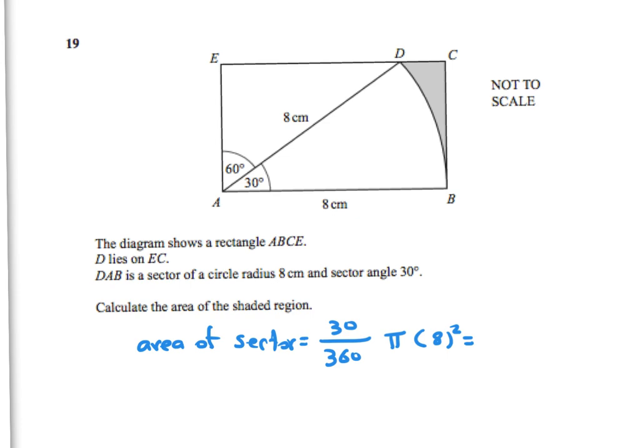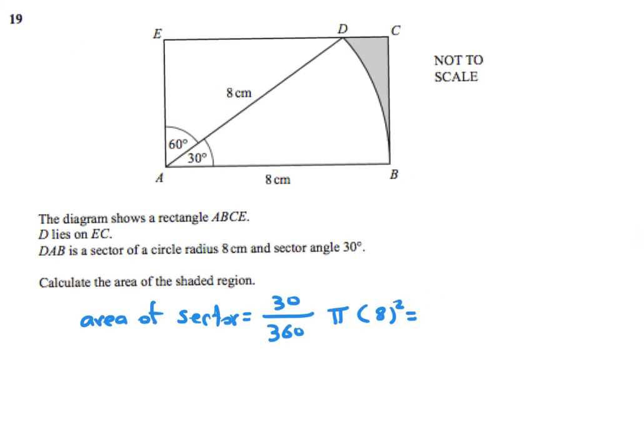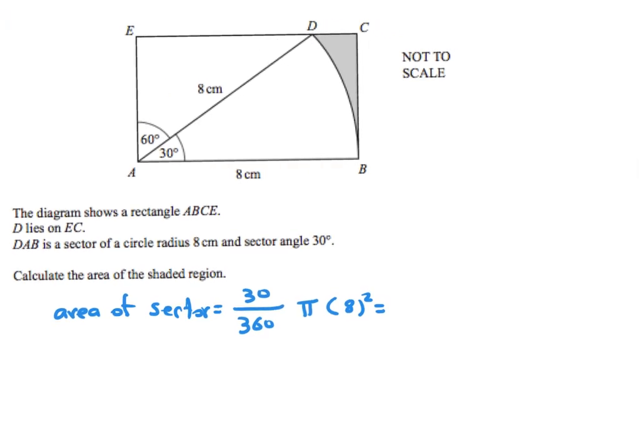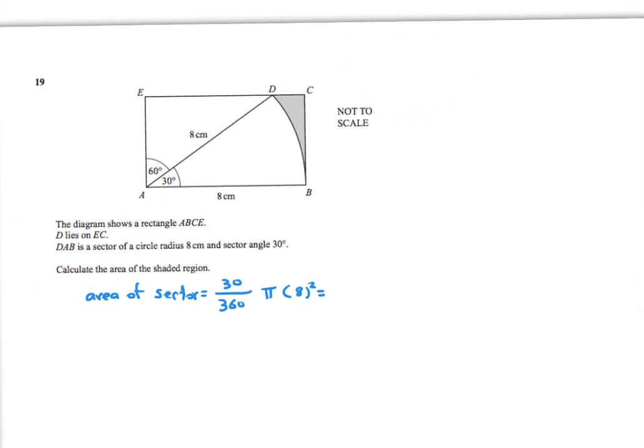So this is the area of the sector. 30 over 360 multiply pi times 8 square, 16.755. You can round to two decimal places.